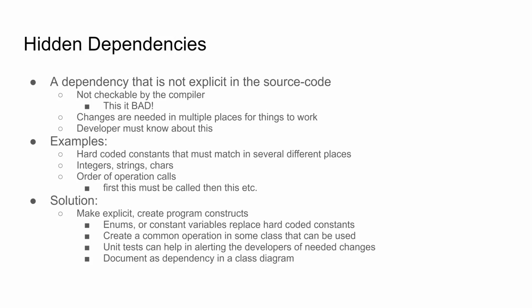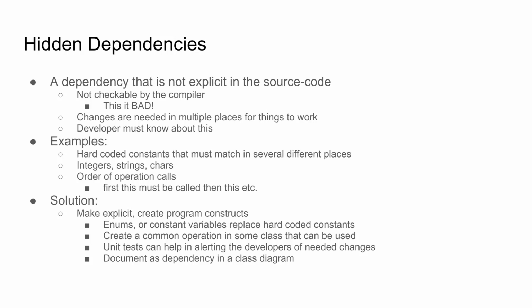So if you change the menu to something else, press Q to do this instead, then you must remember to change this in some other places also, or the menu will not work as intended. Typical example of hidden dependency.